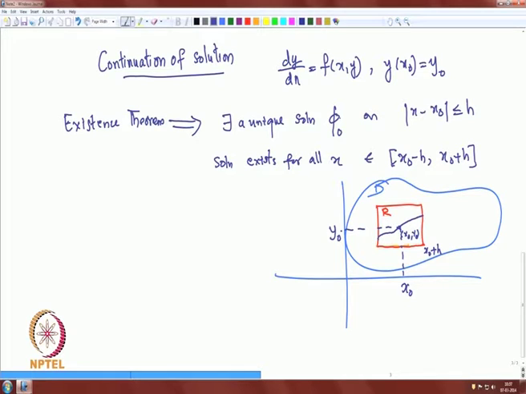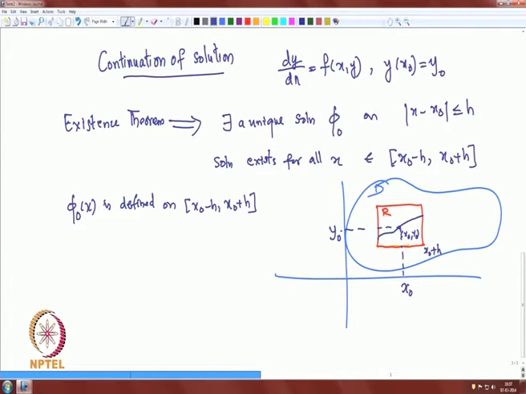So phi 0 of x is defined on x 0 minus h to x 0 plus h.